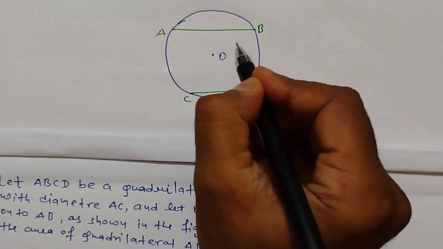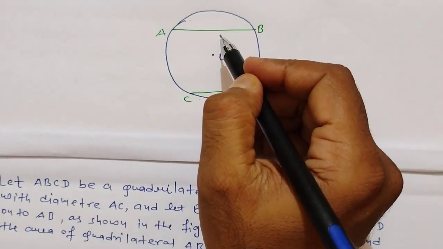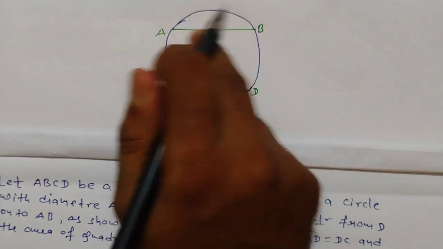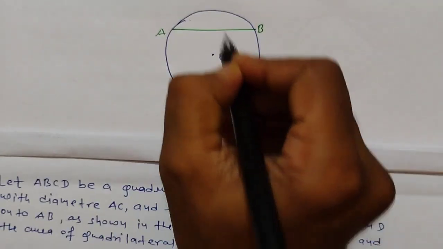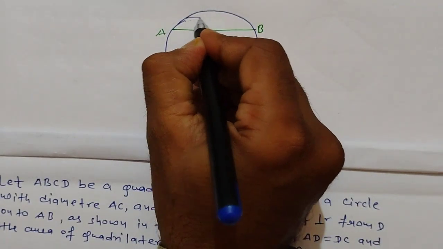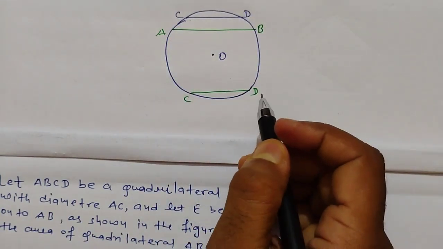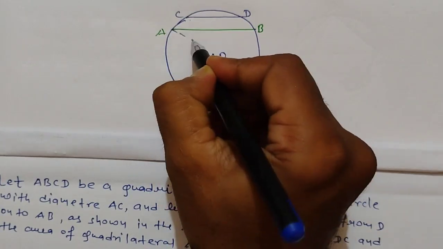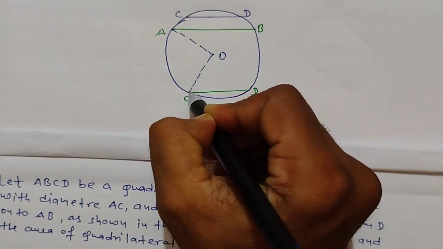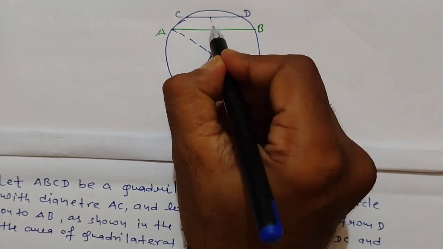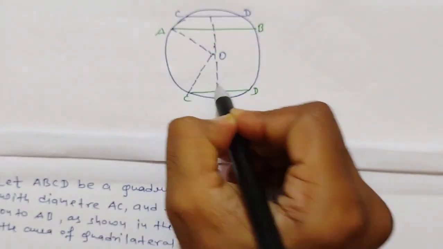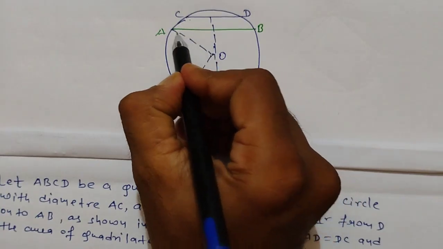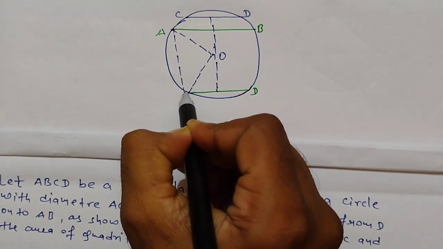The center is O, and now we are taking CD which is less than AB, the same chord here, the same length, and connecting partially. And now AC is another chord.